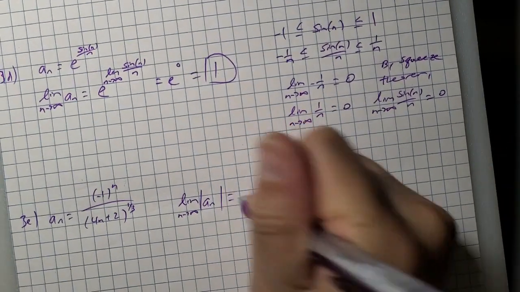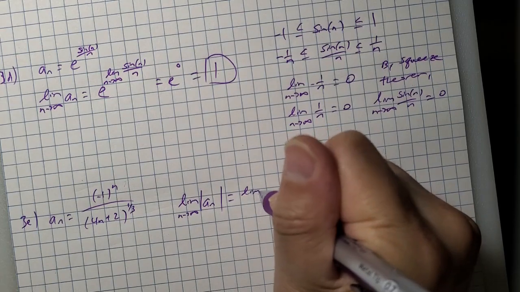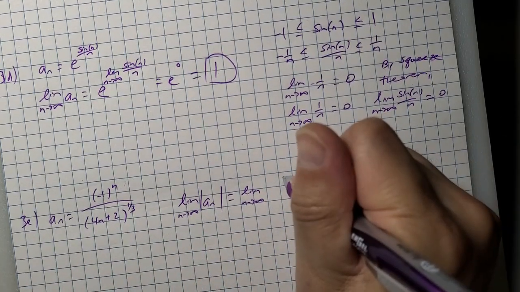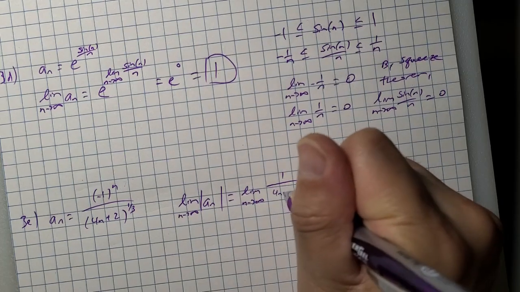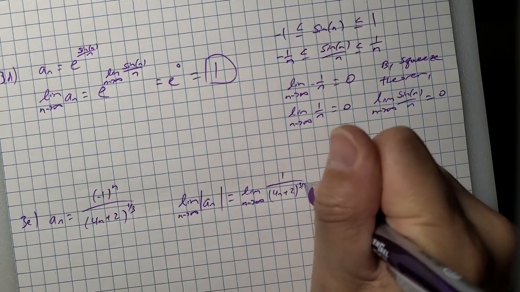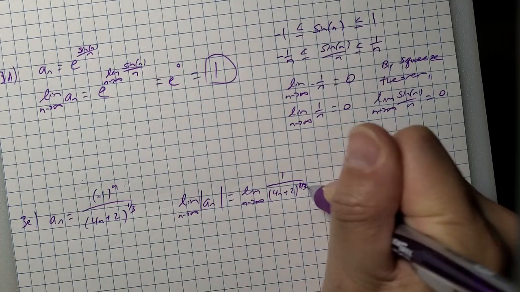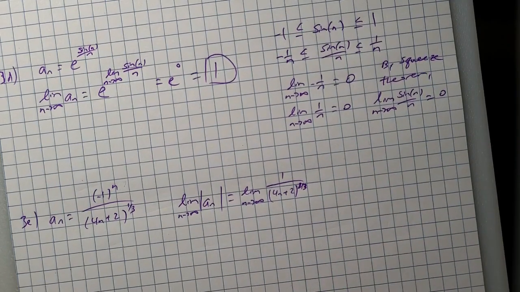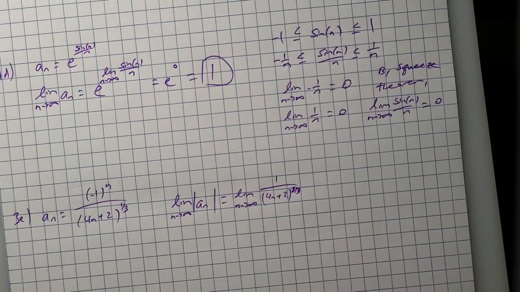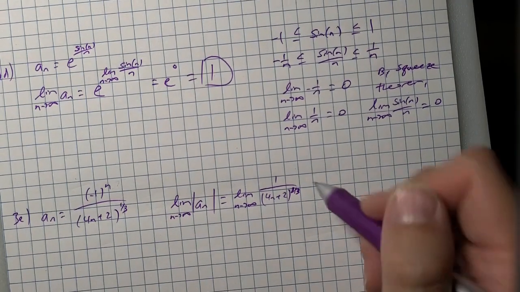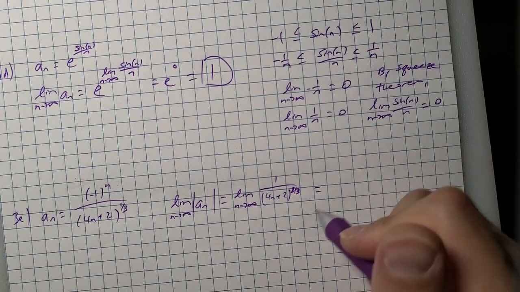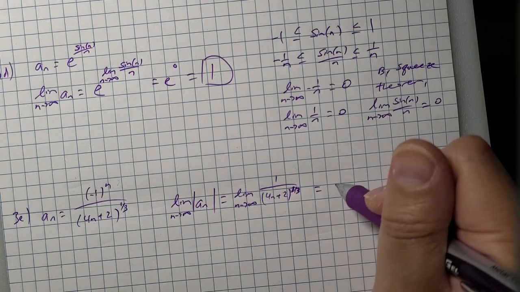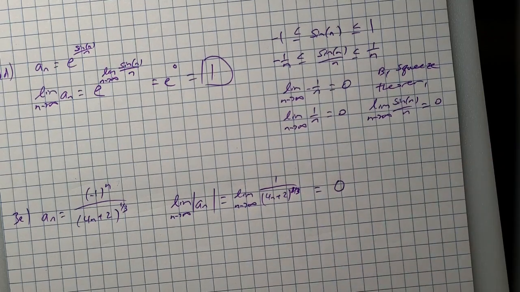Because we took the absolute value, this alternating sign goes away. We are left with 1 over (4n plus 2) to the 1/3 power, sorry, that's messy. So when we do this, we get 1 over infinity, which is 0.